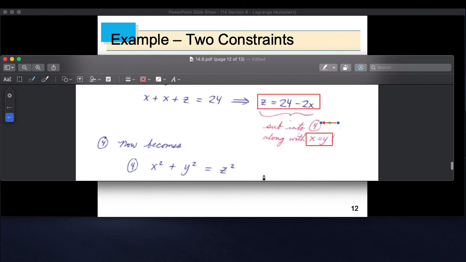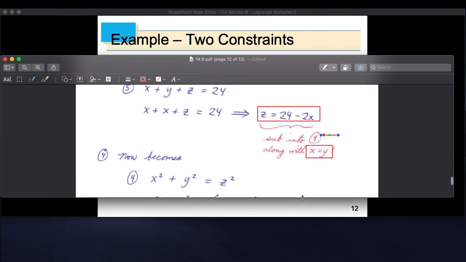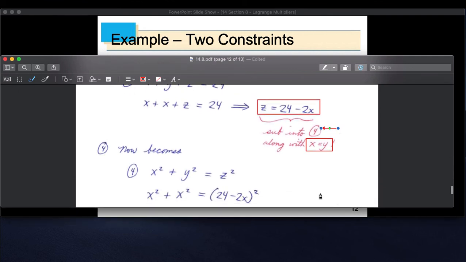So once again, here's equation 4. Replace these values that we're talking about into equation 4. So x squared stays x squared, y squared becomes x squared, z squared becomes 24 minus 2x quantity squared.